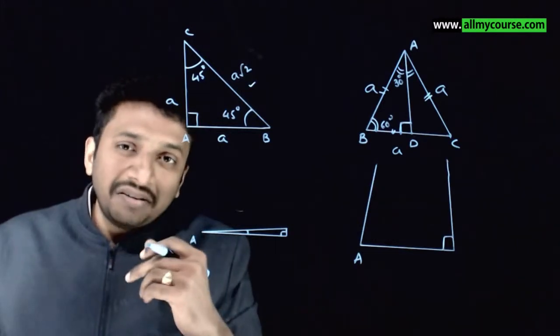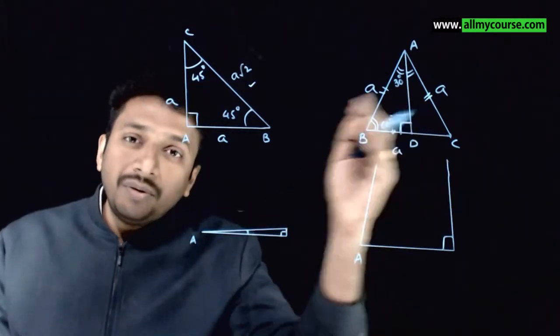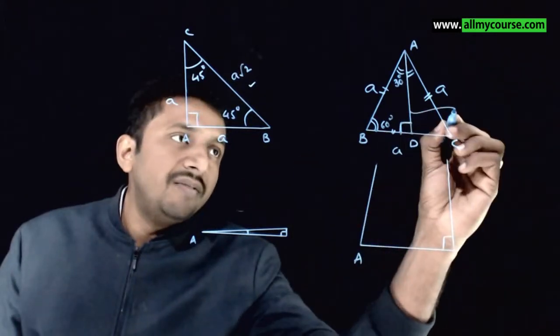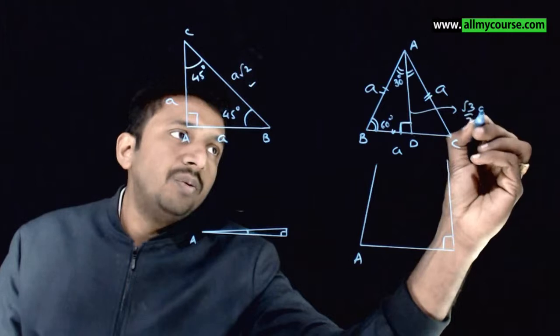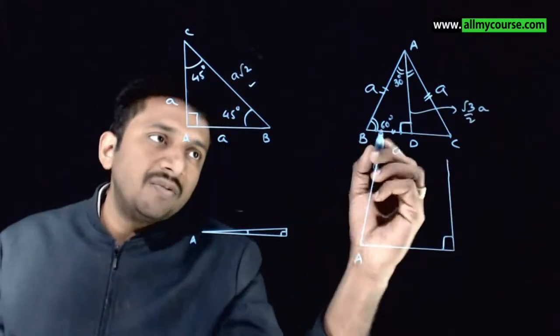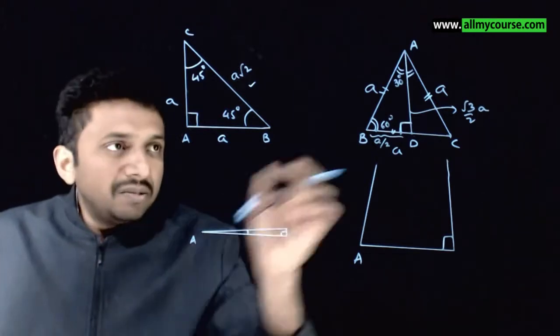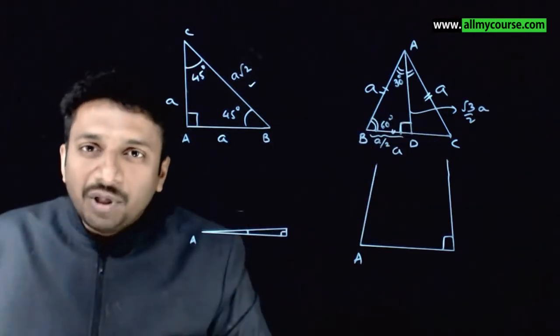You know that in an equilateral triangle, the altitude is root 3 by 2 times the side. So AD will be equal to root 3 by 2 A, and the base will be divided into half. This can be derived very easily from the geometry.